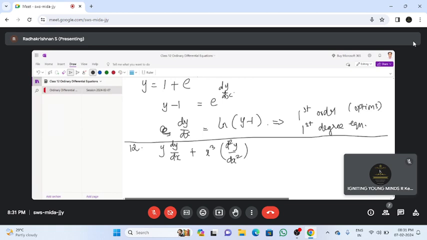In this expression, the order is P and the degree is Q.